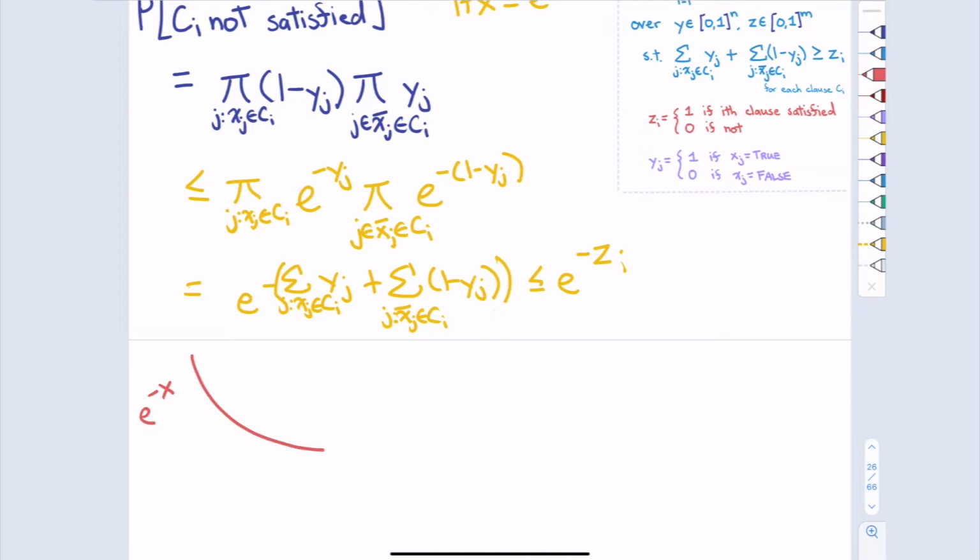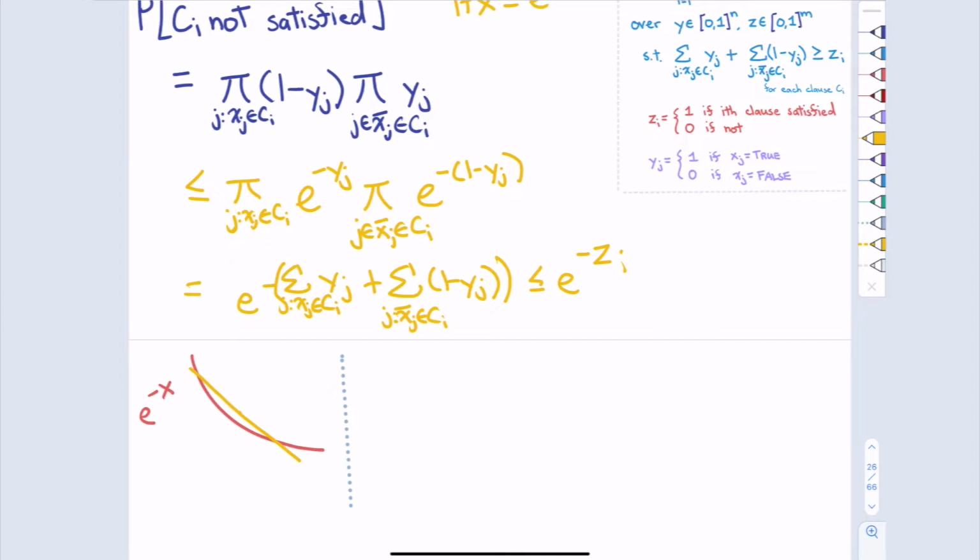Okay, so what do we know about convex functions is that, let's see what happens.